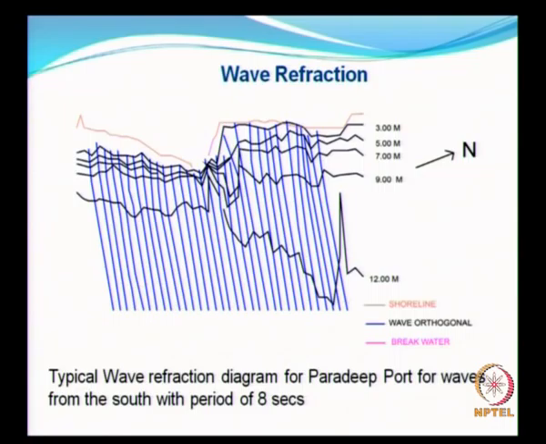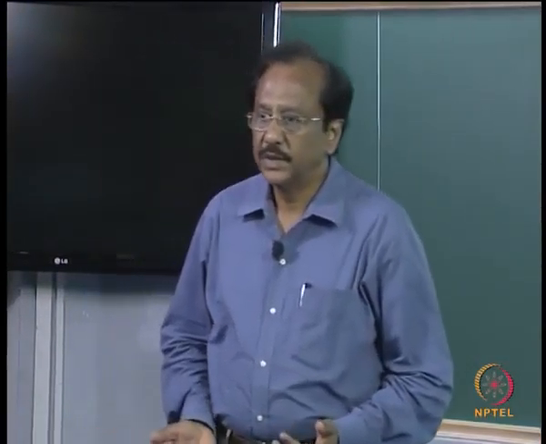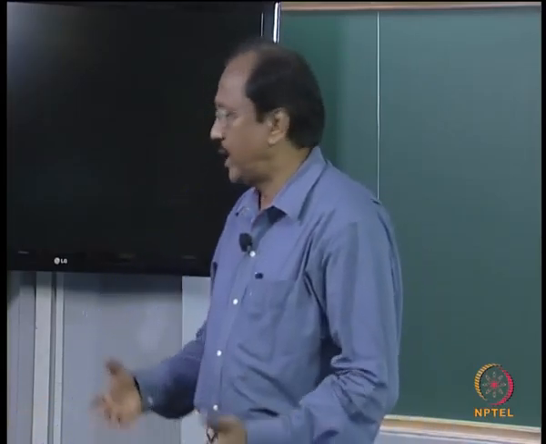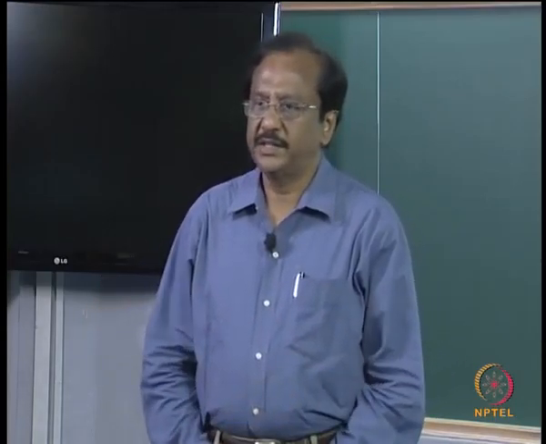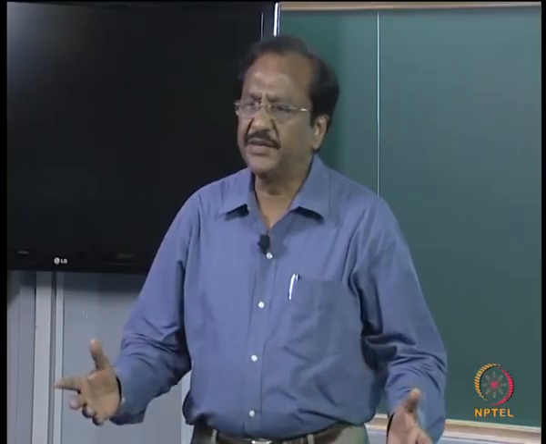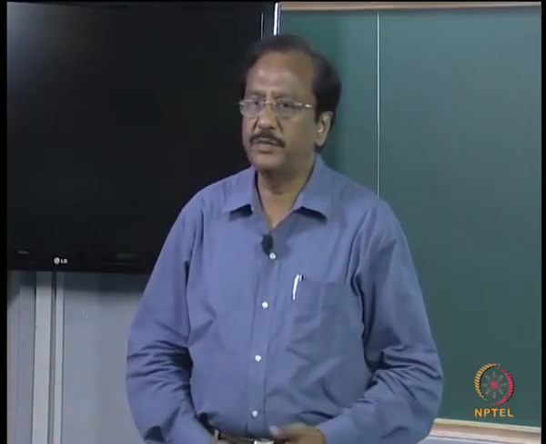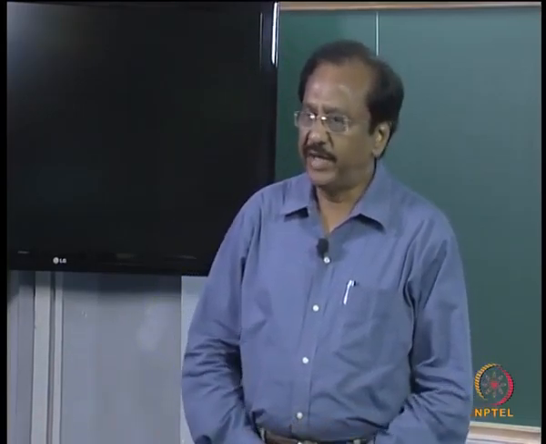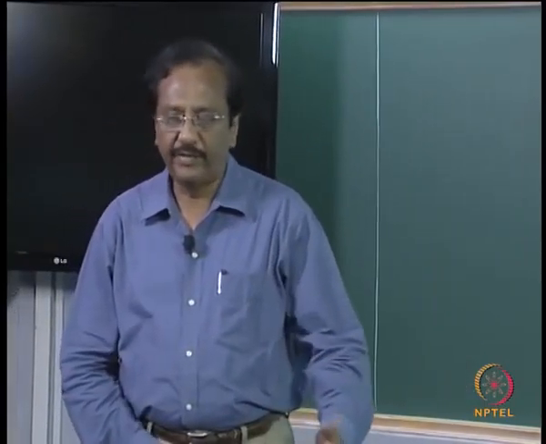For a given wave period, how do we construct the refraction diagram? You can construct the refraction diagram for a month, for a mean wave direction, or for a particular season, for example non-monsoon season, northeast monsoon season or southwest monsoon season. You can take an average wave direction and then draw the wave refraction diagram.